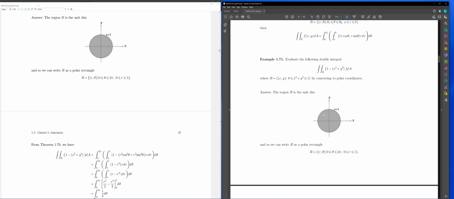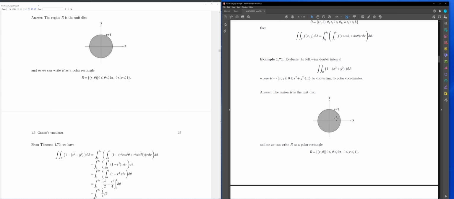Then I need to figure out the expression as a polar rectangle. Your outside radius is 1, so that gives me this 1. The inside radius is 0, so this gives me the 0. You're starting at theta equal to 0 here.